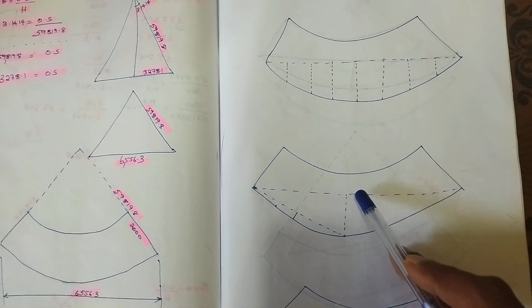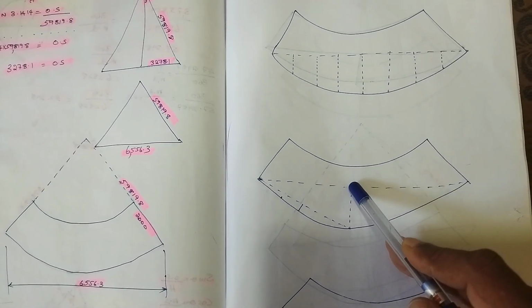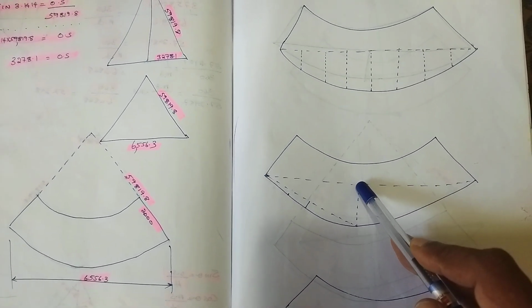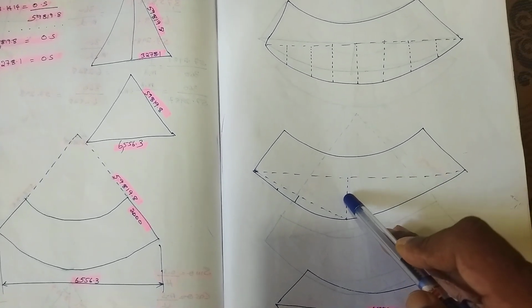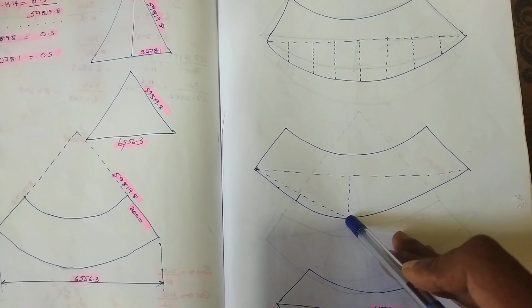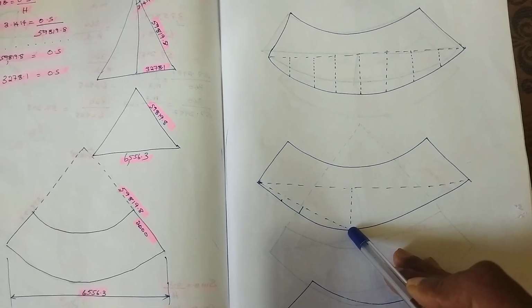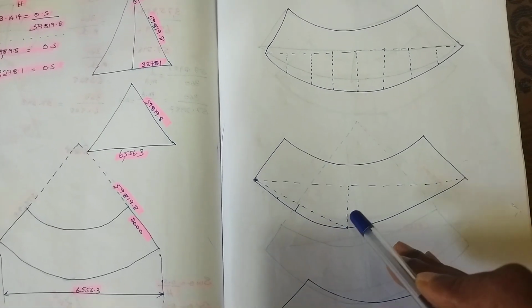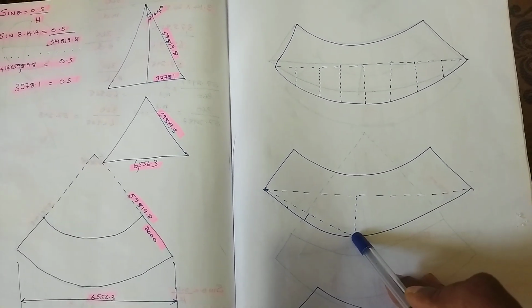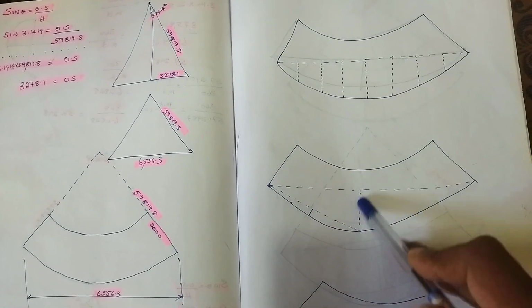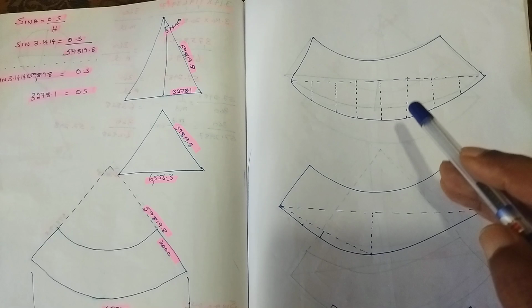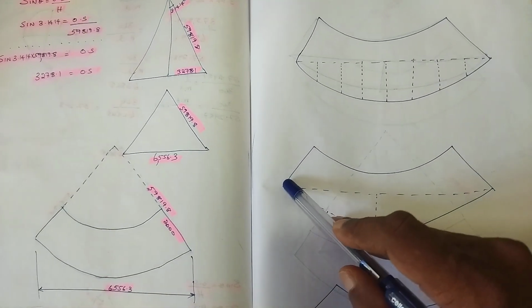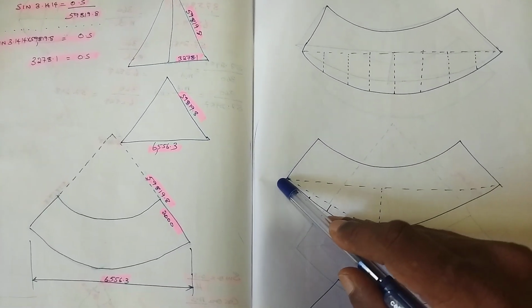And the center portion we have to find out. From the center to the curved portion's center, we have to make one line and find out this distance. This line will reach the center of these two lines.